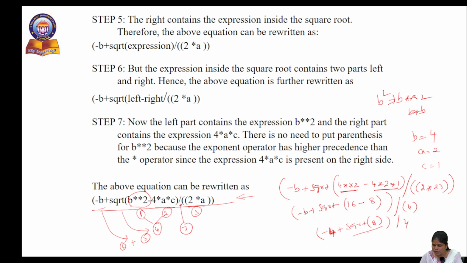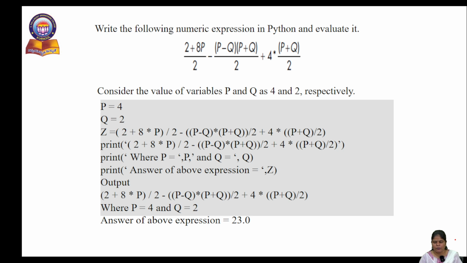So now the square root of 8 will be calculated. Minus 4 plus, the square root of 4 is 2, the square root of 8 is, maybe I consider it as 2.8 something. Minus b plus that, by 4. So this value will be evaluated and then divided by 4. This is how evaluation will be done.